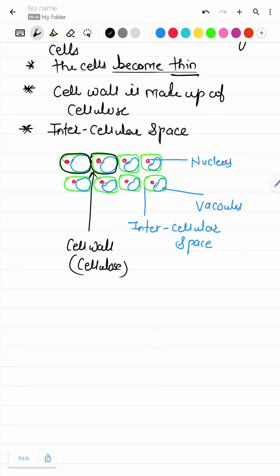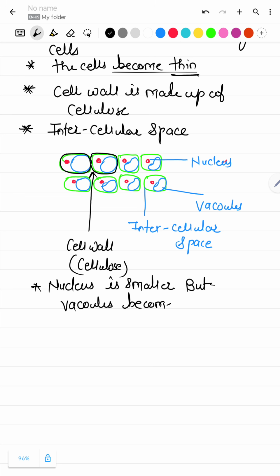The nucleus is smaller, but the vacuole becomes prominent, larger in size.